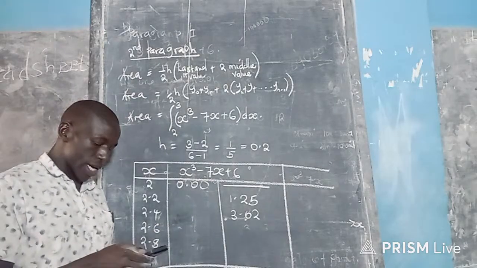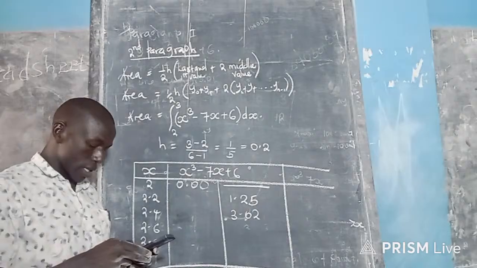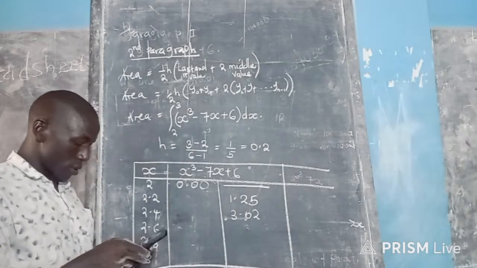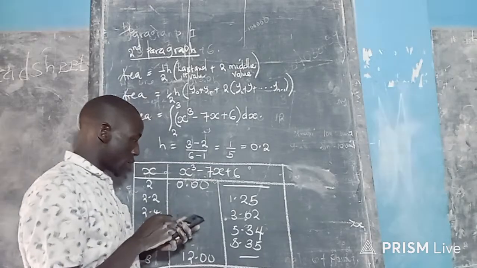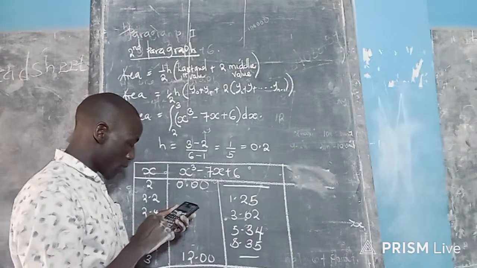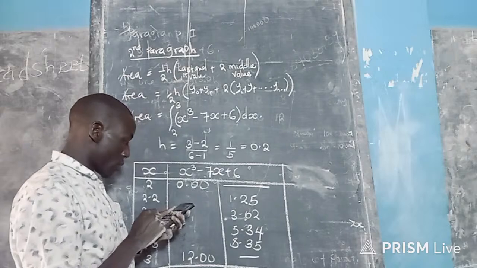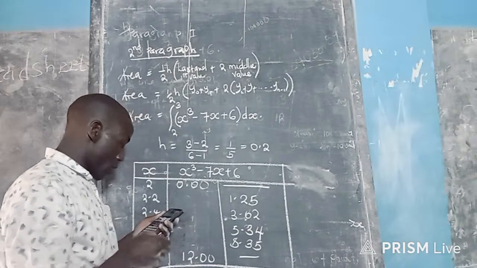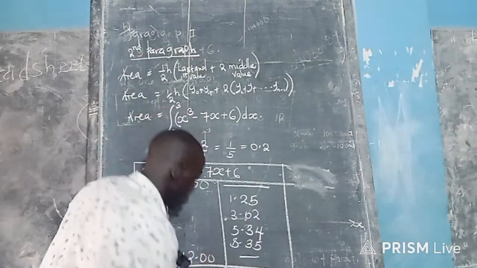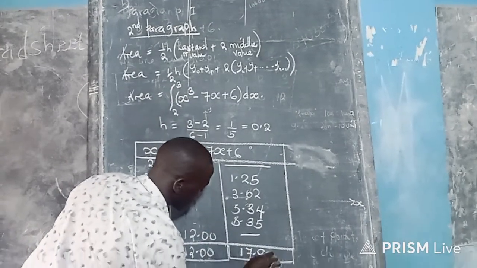Go to another one when we are having x equal to 2.6. 2.6 power 3 minus 7 into 2.6. Have 1.25 plus 3.02. We have 5.34 plus 8.35. So this is giving us 17.96.